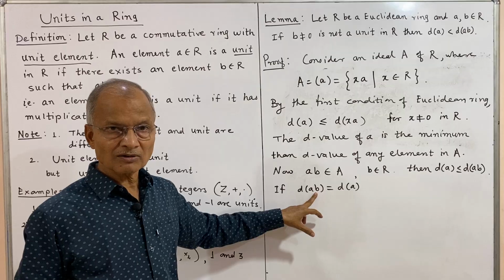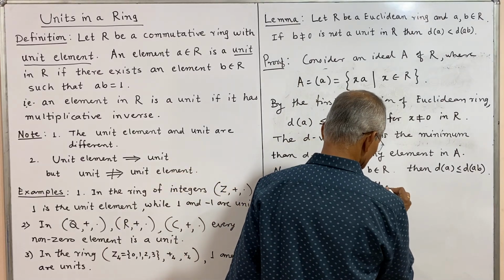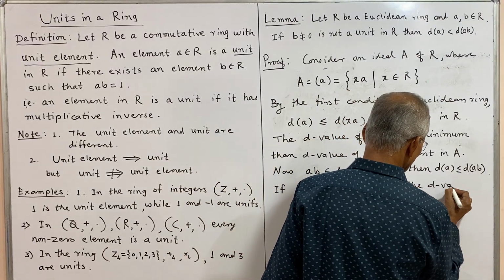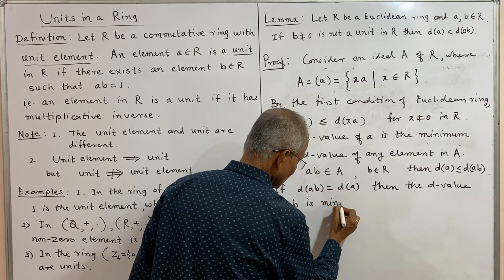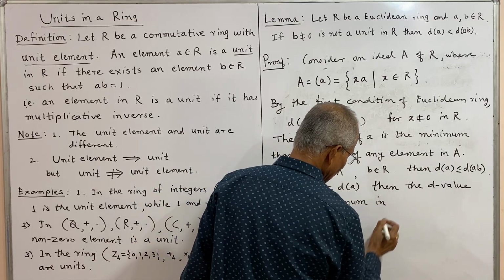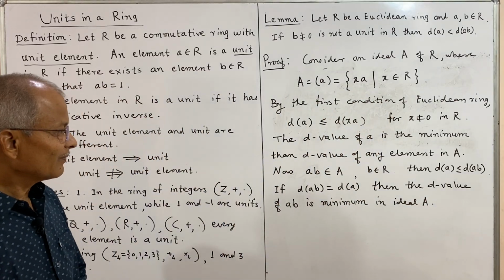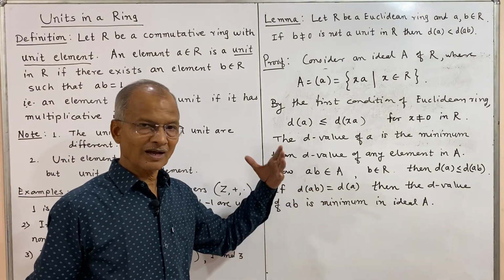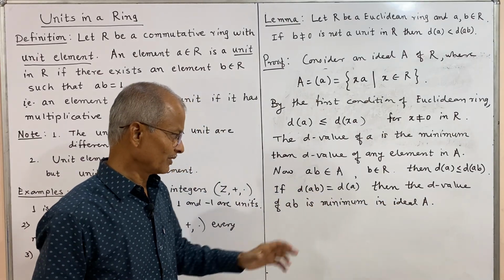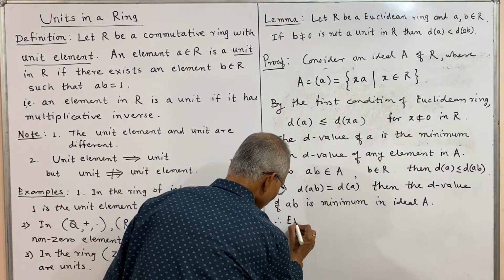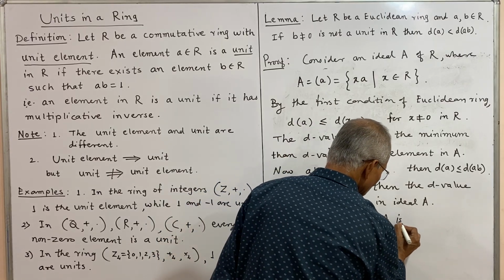So the D value of AB is also minimum with regard to this ideal A. And if the D value of AB is minimum, then as with A, every element of the ideal A is a multiple of AB.